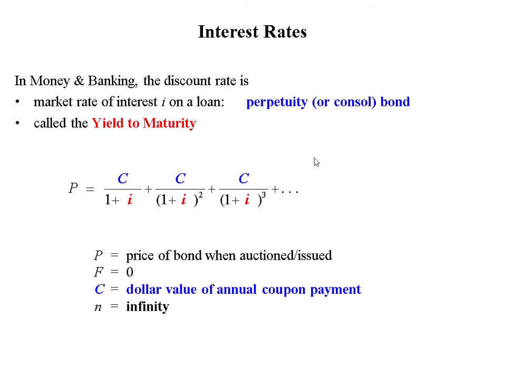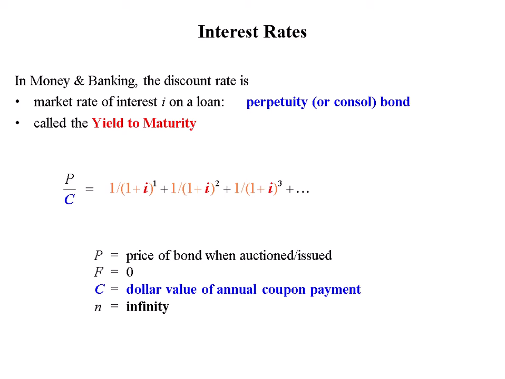I put parentheses around this, and I divide this side of the equation by C, and all these become 1s. So this is just 1 divided by 1 plus I. This is just 1 divided by (1 plus I) squared, and so on, right? So these two equations are equivalent mathematically, as long as C is not 0, and C is not 0 here, because you're getting this payment every month or every year, right?